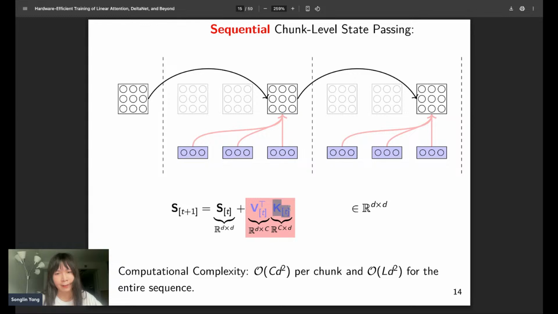So here we have the key block and the value block of size C by D. We take the transpose of the key block, and then we take the dot product and marginalize over this chunk size dimension. So we obtain a D by D output, which is of the same size as the recurrent hidden state. Then we just sum up these two terms to achieve this state update.